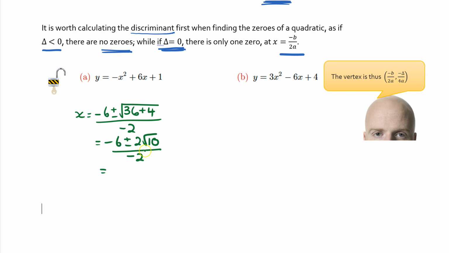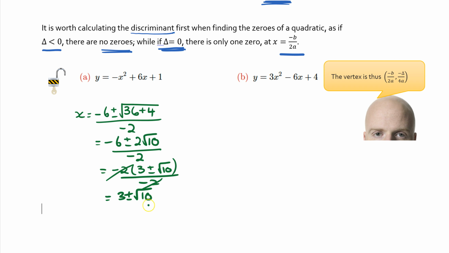And if we can factorize it, we do. Can I take out something from both terms in the top? Remember the finger breaker. I could take out negative 2, and that will give me 3 plus or minus root 10 over negative 2.